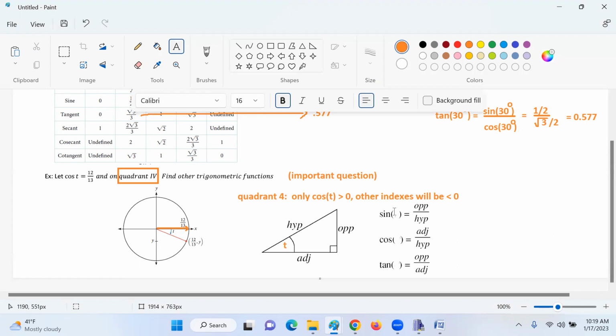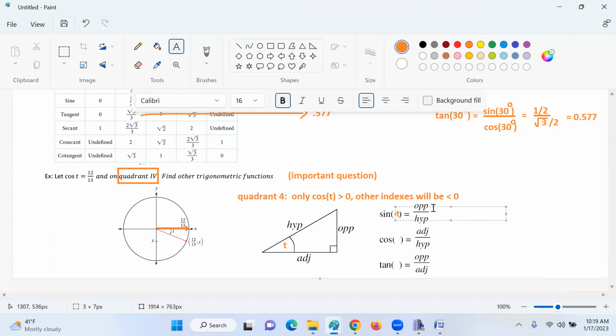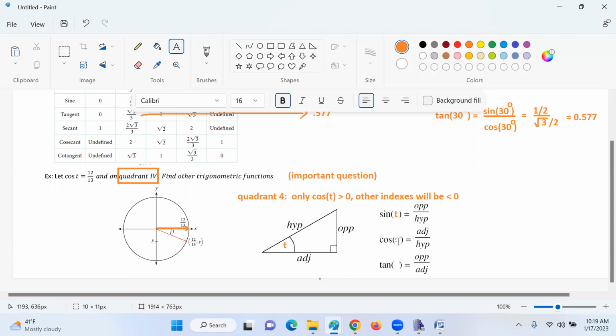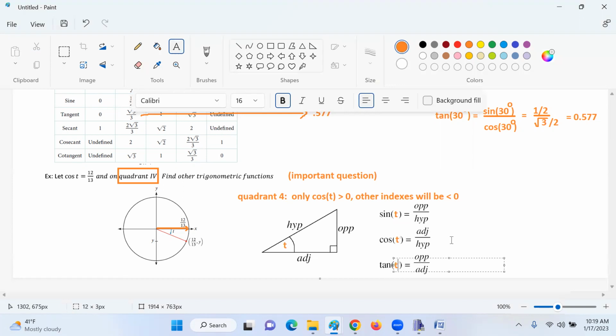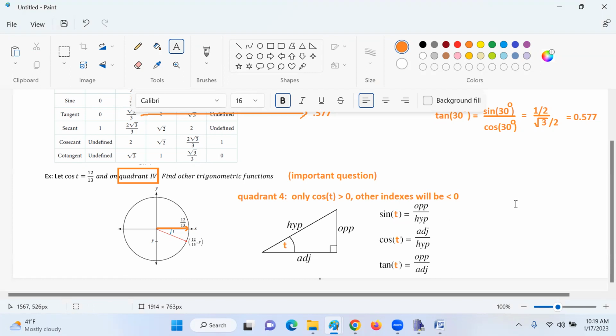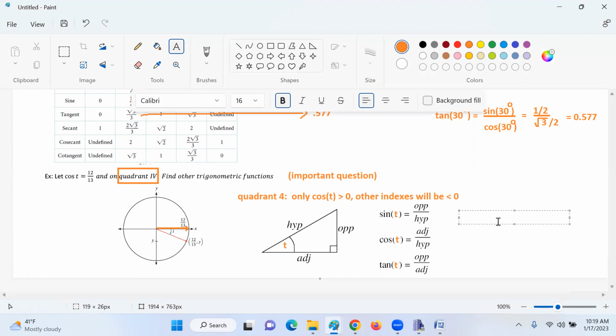So this is the sine of t, and this is the cosine of t and tangent of t. We need to make sure that we understand SOHCAHTOA. This is what we have for trigonometry rules in this case. So what does SOHCAHTOA mean?